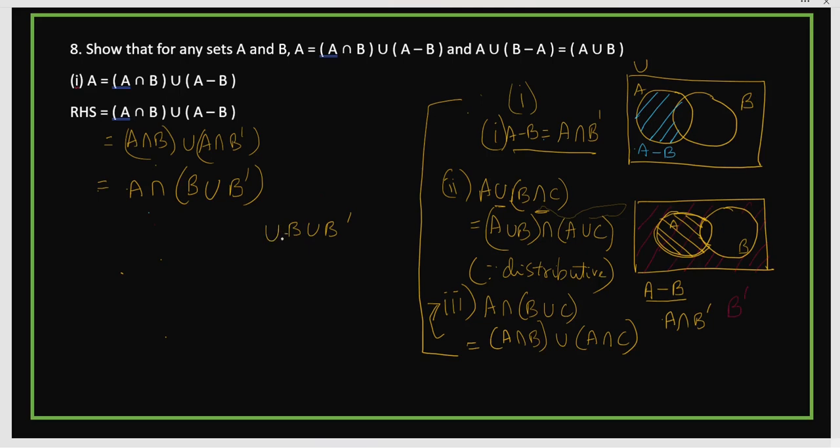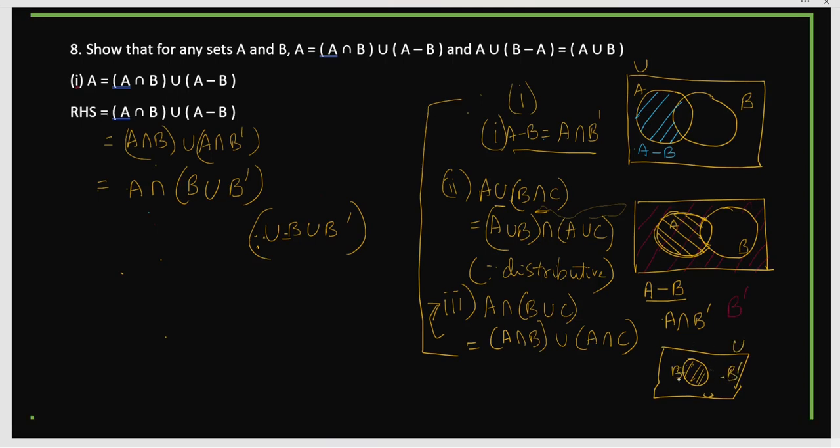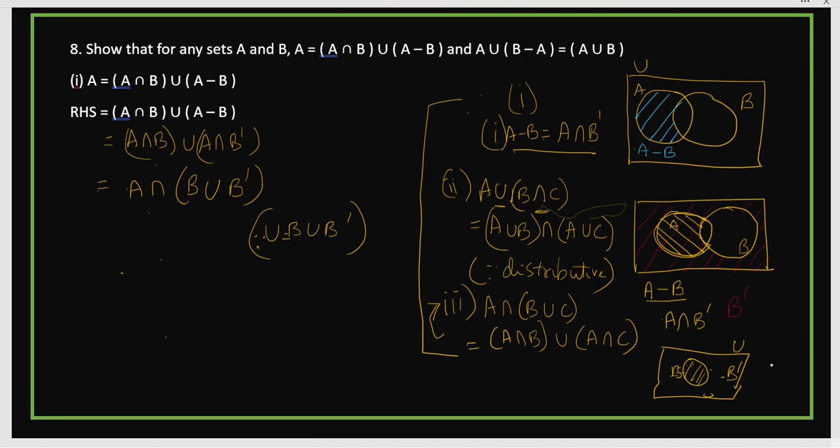This is the universal set. Suppose any set B is there. B dash is all the remaining part of the universal set. So if you combine B and B dash, you get U.